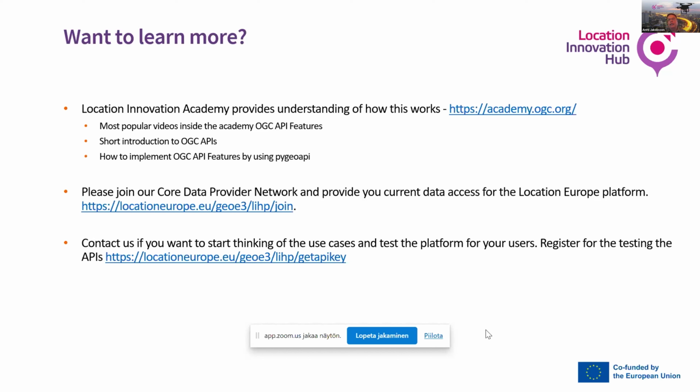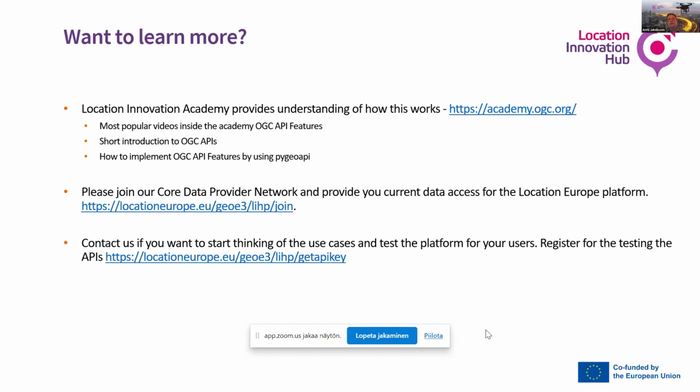We also strongly recommend that if you are a data provider, please consider joining us. I put the link of the core data provider network there that we are running. There's already a number of European partners like Eurogeographics, EuroSTR that have joined, and a number of NMCAs from the countries.